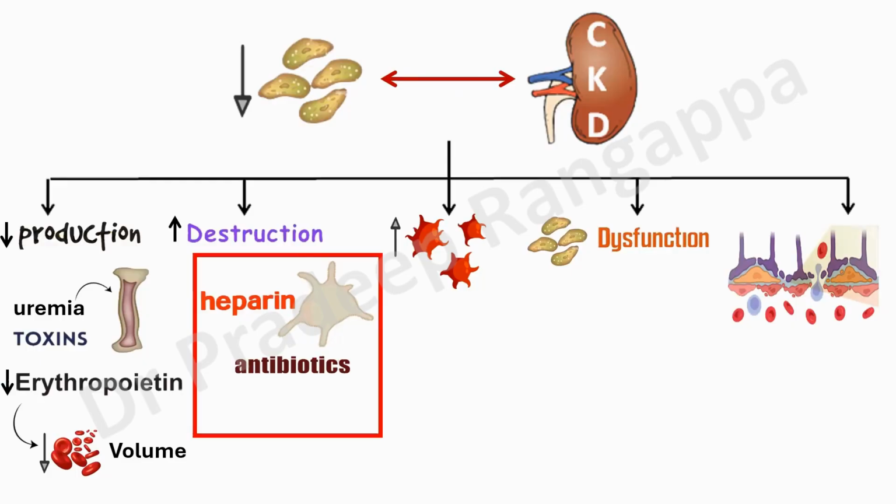Even simple beta-lactam antibiotics like ceftazidime or piperacillin in some individuals can cause thrombocytopenia. And NSAIDs, if they are the cause of CKD, can lead to increased destruction of platelets. So generally the activation of platelets due to heparin, antibiotics, and NSAIDs leads to increased destruction.